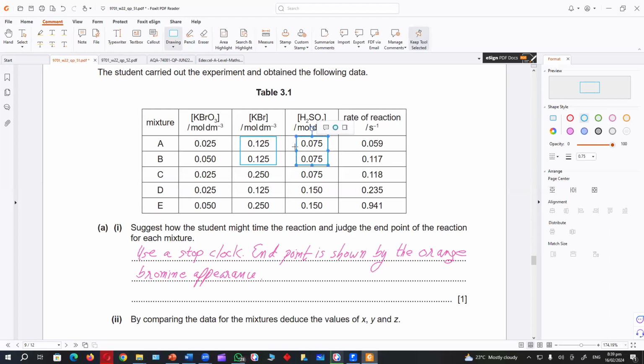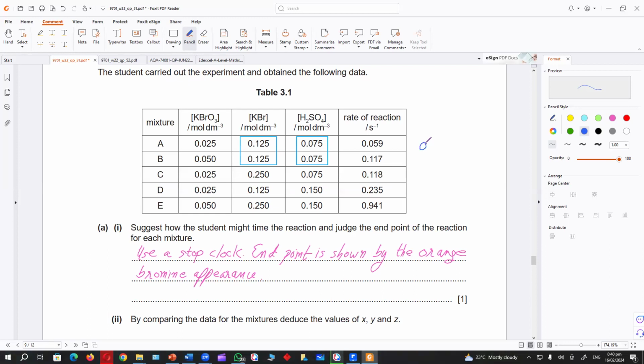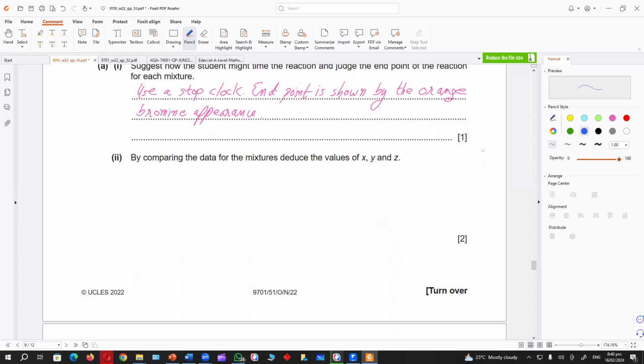The ratio for the rate of reaction and the KBrO3 is 2:2. Have you divided it? 0.117 upon 0.059, is it equal to 2 or approximately 2? Approximately, it's 1.98. So with respect to KBrO3, it is first order.